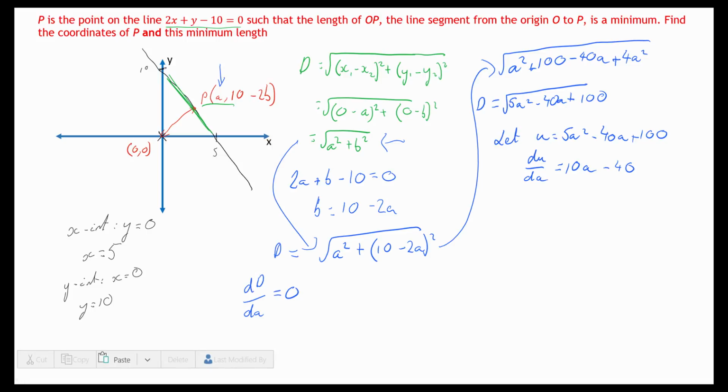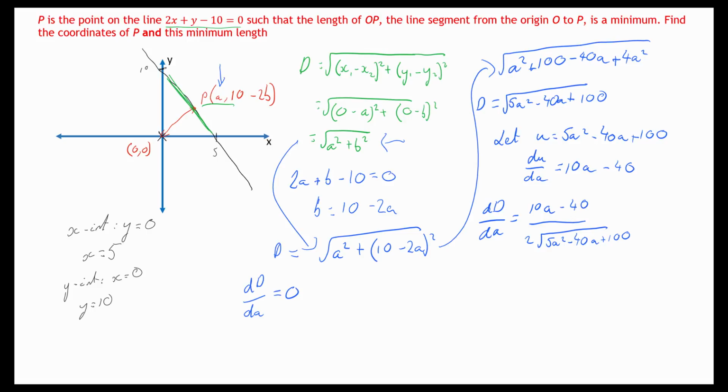Now the chain rule is covered extensively in Module 5, which is calculus tools, so I'm not going to go over the nitty-gritty stuff, but once you're done, you'll be able to find your derivative in terms of A. Minus 40A plus 100. Okay, so that's the derivative of our distance.